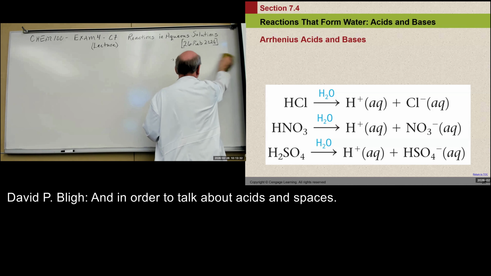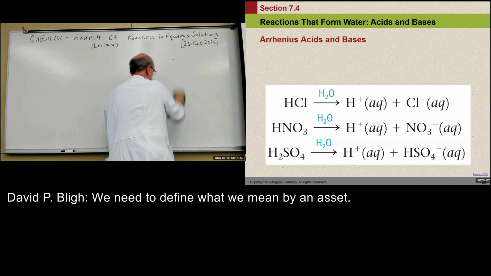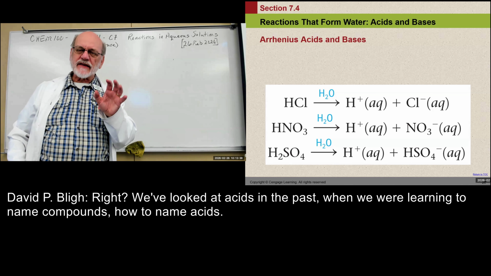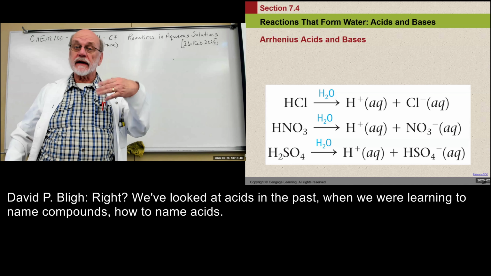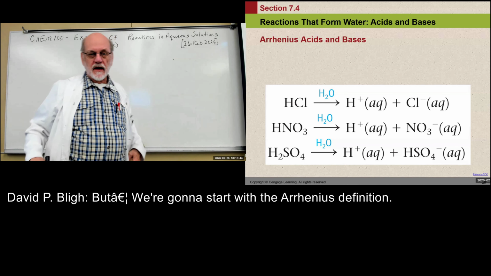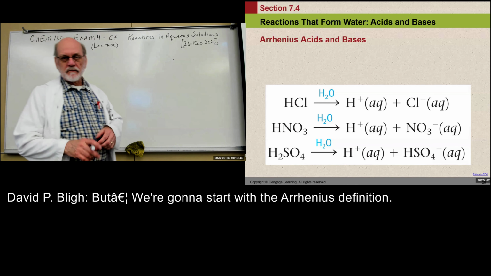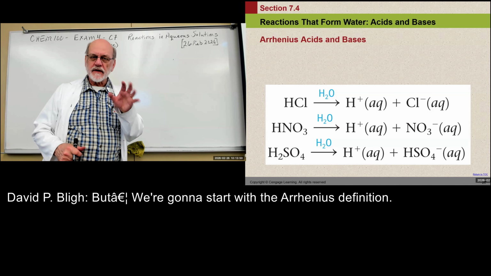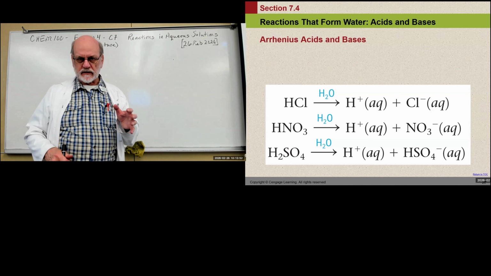And in order to talk about acid and bases, we need to define what we mean by an acid, right? We've looked at acids in the past when we were learning to name compounds, how to name acids. But we're going to start with the Arrhenius definition.